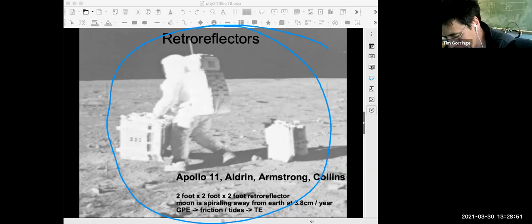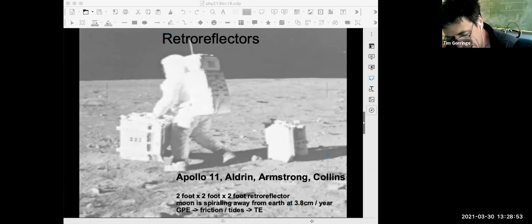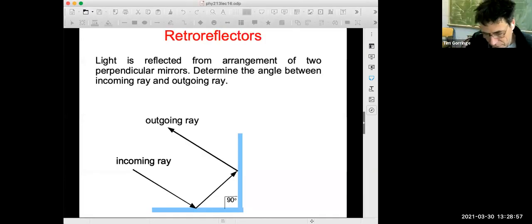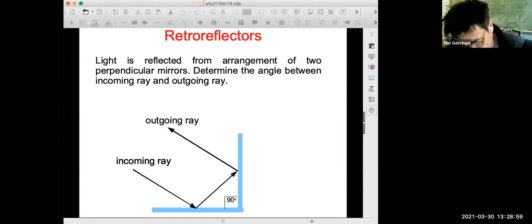Now, this question is about these retroreflectors and how they work. The principle of the retroreflector is that you shine a light ray at it, and wherever you strike the retroreflector with the light ray, it reflects it directly back at you, i.e., the incoming light ray is deflected by 180 degrees.